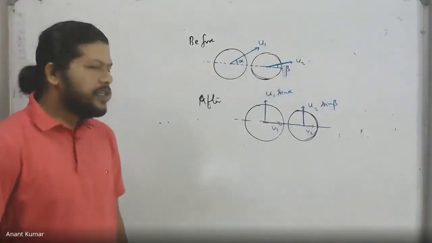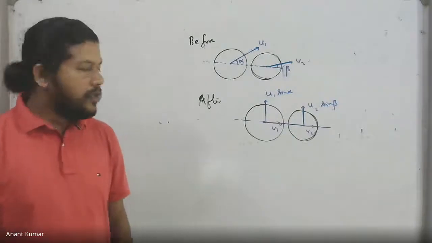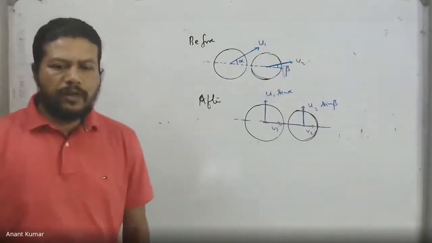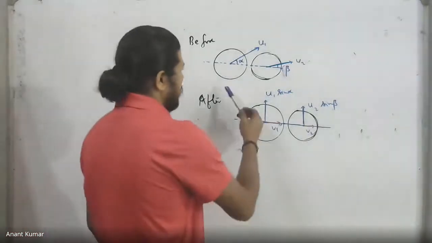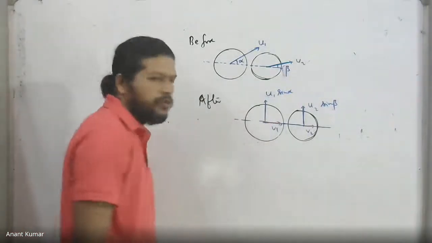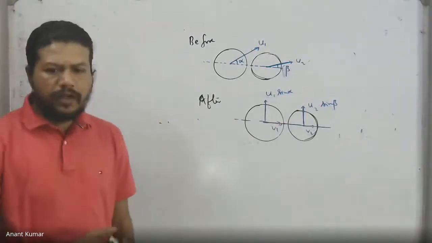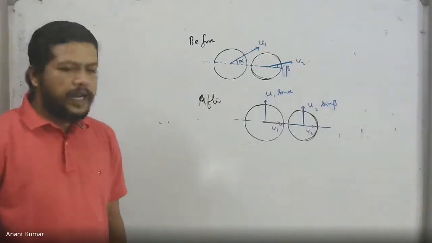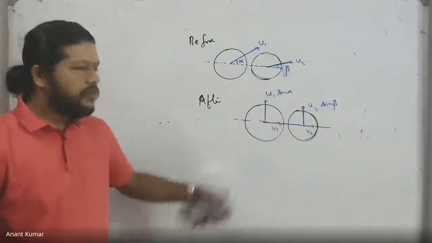But in the line joining centers, we can analyze in exactly the same fashion that we do for one-dimensional collisions. We can conserve the momentum: m1 v1 plus m2 v2 must be equal to the initial momentum, which is m1 u1 cos alpha plus m2 u2 cos beta. In the tangent direction, the velocity is already known.